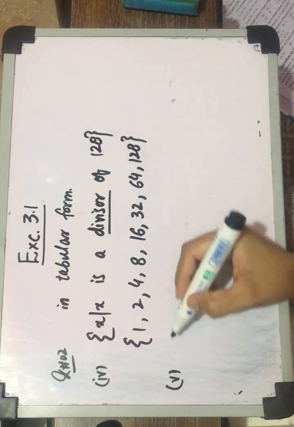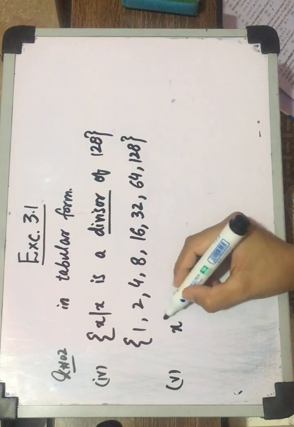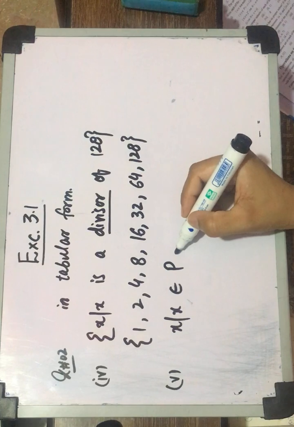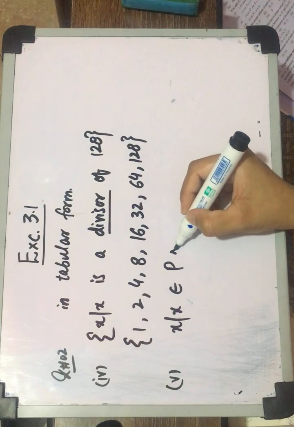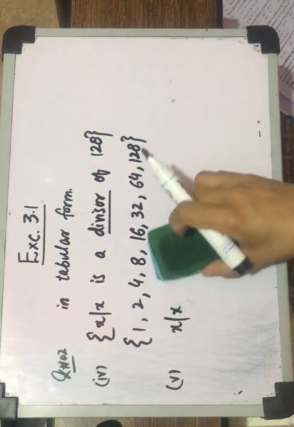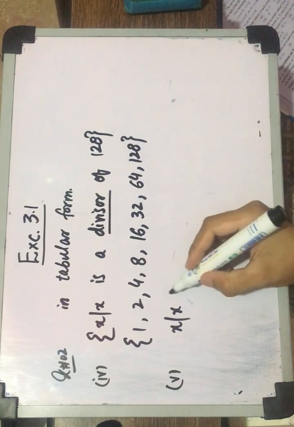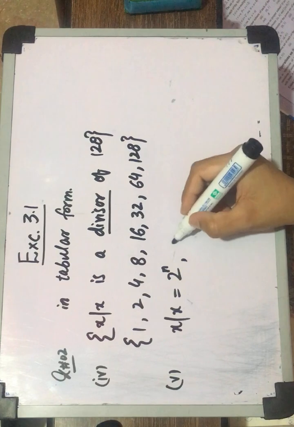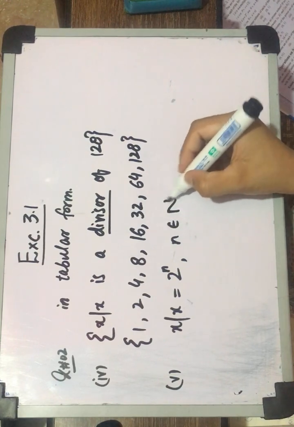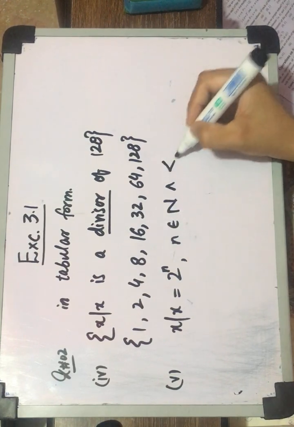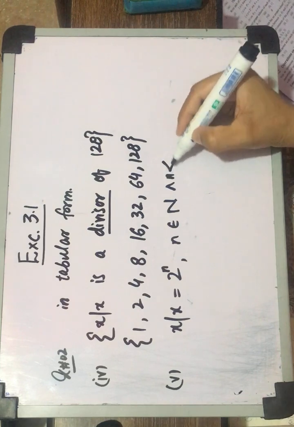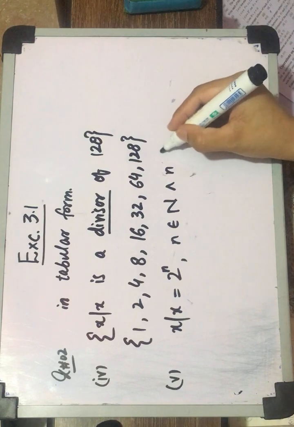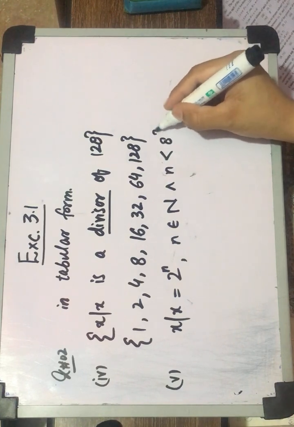Next we have part number 5, x such that x belongs to P and x is equal to 2 raised to power n, where n belongs to natural numbers, and the condition is that n is less than 8.